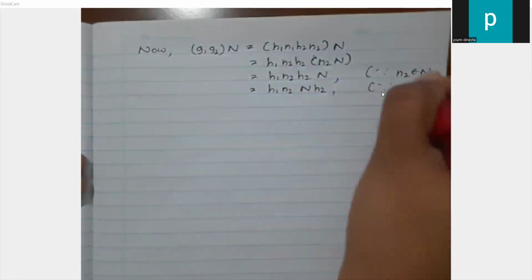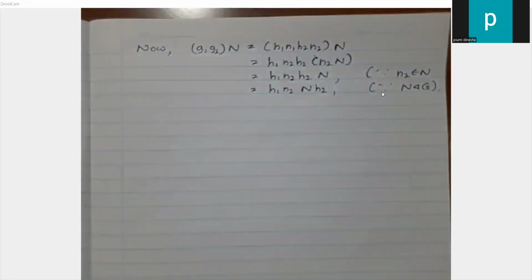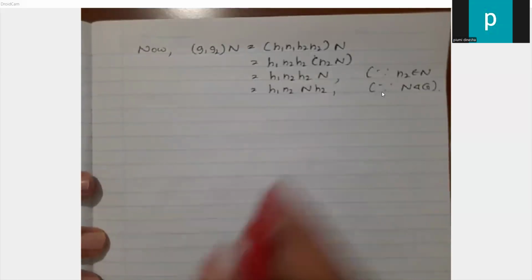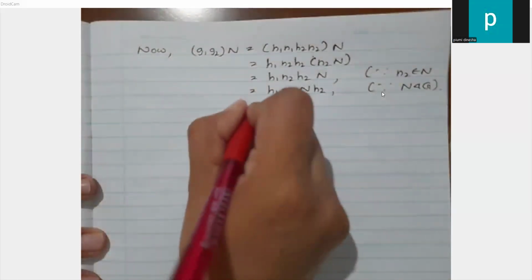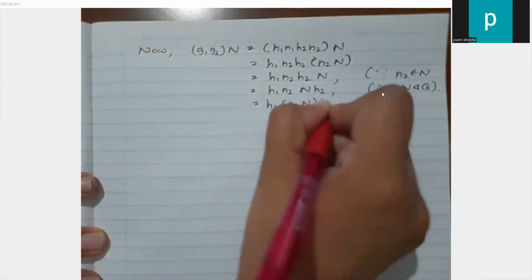Because N is a normal subgroup in G. When N is a normal subgroup in G, the left coset is equal to its corresponding right coset. So h2N must equal Nh2. These also we have seen before. Once again, now we have n1 times N h2.